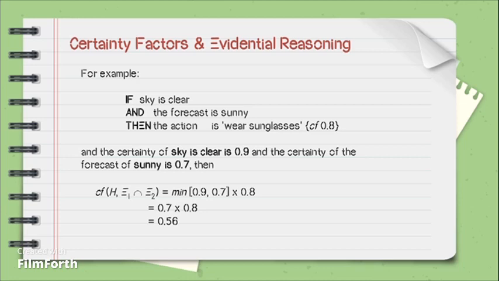Let us first find the minimum value of the evidence. The minimum value between 0.9 and 0.7 is 0.7, times the hypothesis certainty factor of 0.8, which equals 0.56.